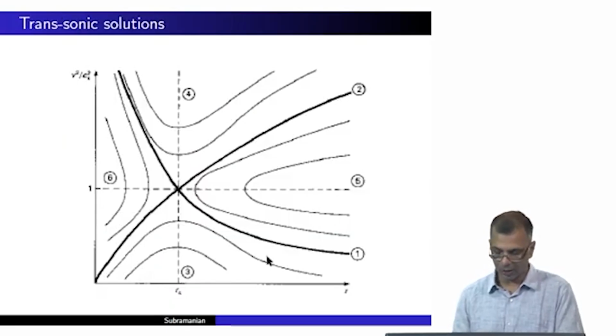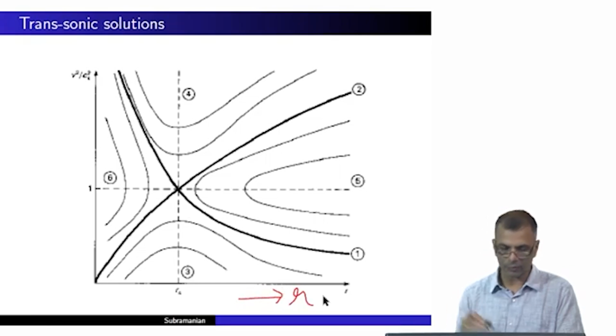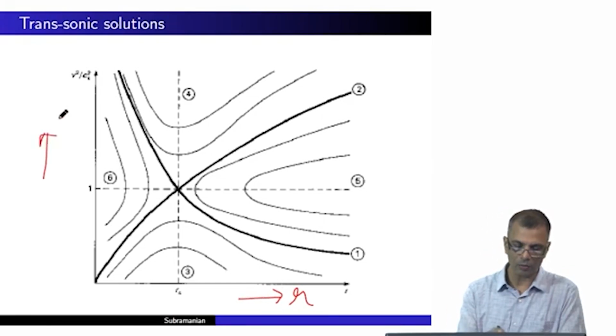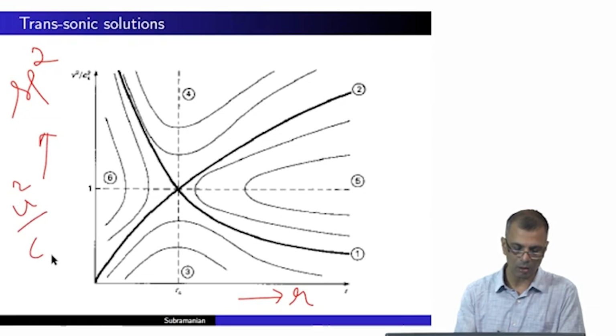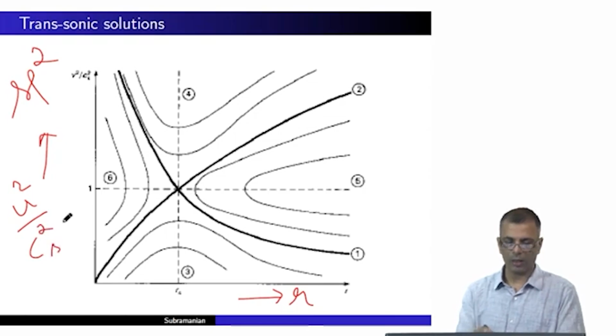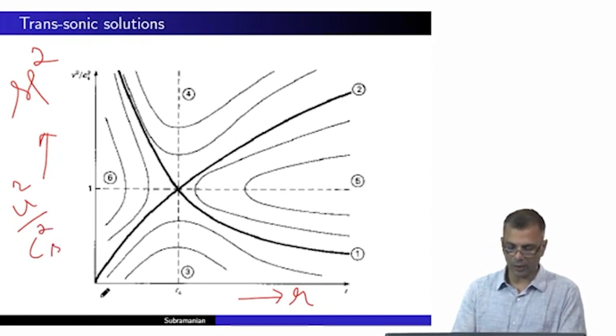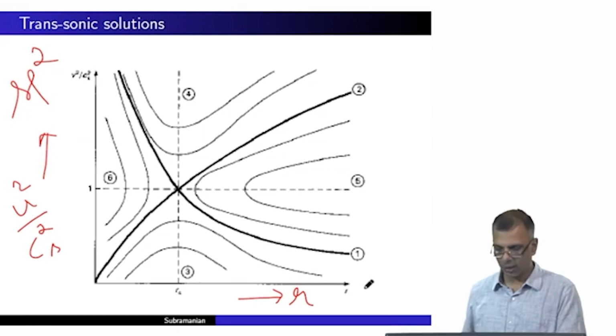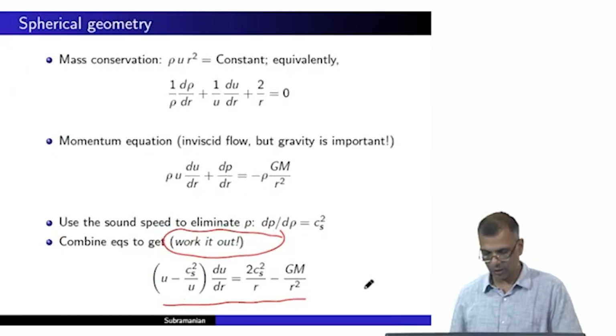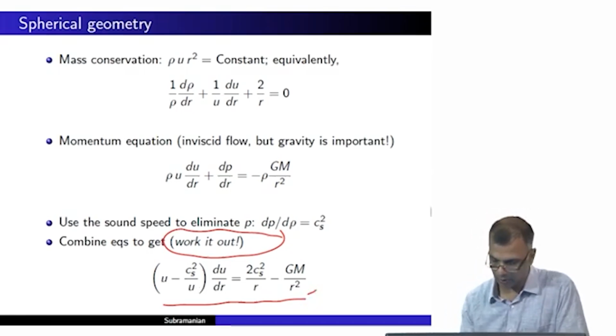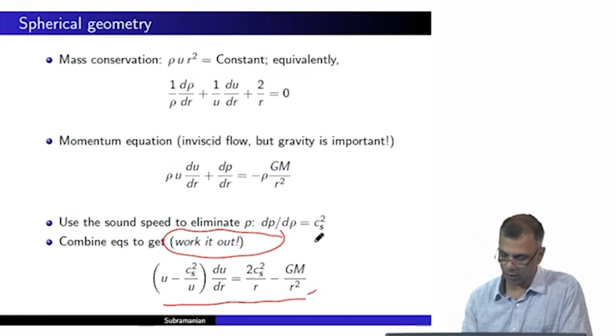So this would be R here, and this would be the square of the Mach number, U squared over c_s squared, as a function of R. There are several allowable solutions predicted by this equation. What you really need to do is, of course, find out U of R.